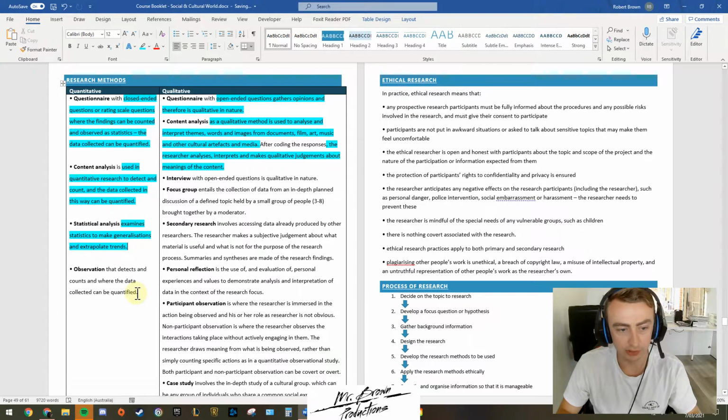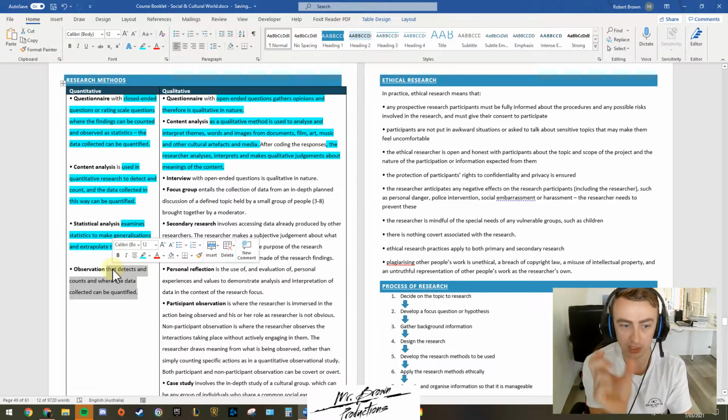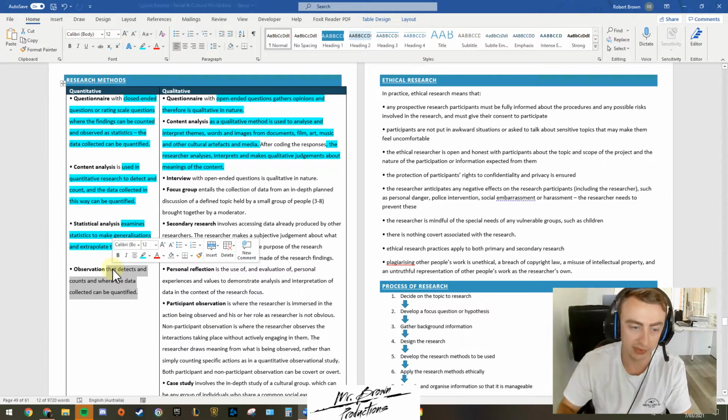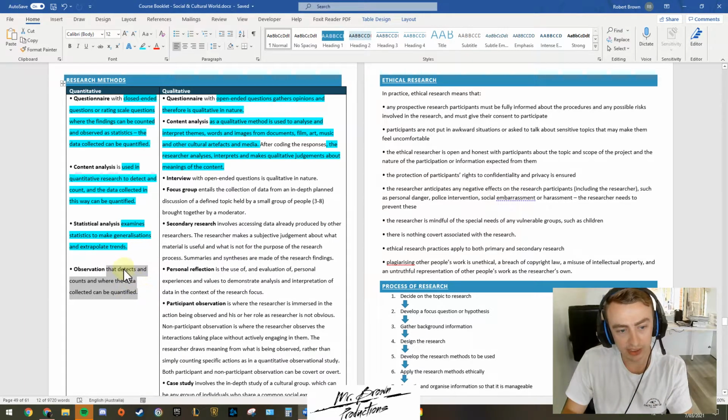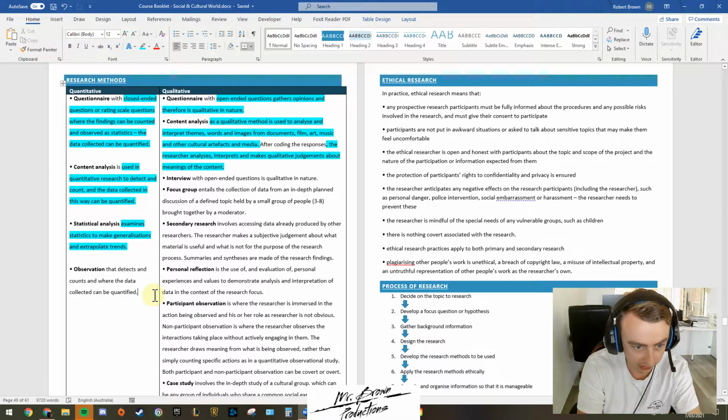With observation, again, get a new card, observation on the front, in brackets quantitative, and on the flip side, observation detects and counts where the data collected can be quantified. I might paraphrase it, because I don't like the syllabus language there.